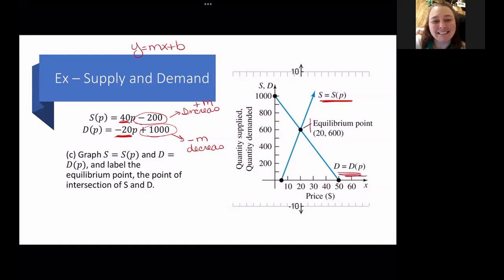Now that equilibrium point that we calculated is where those two graphs intersect. Okay, but you would plot those two lines just like you would anything else. You've got a minus 200 with a slope of 40, and then you have a plus 1,000 with a slope of minus 20. And then that's going to give you the shape of your graph.